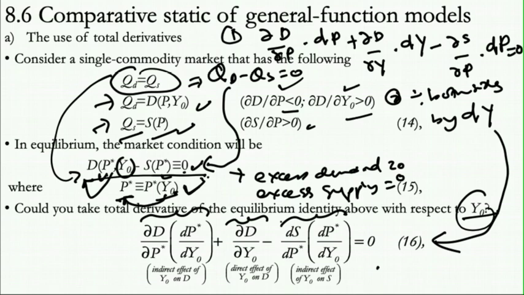So when we want to see what happens to supply when income changes, it's given by the third term here before the equal sign, which shows how income affects supply. Income affects supply indirectly. Income first affects price, and then price affects supply. All right, so by doing this, we are actually doing comparative statics of general function models.